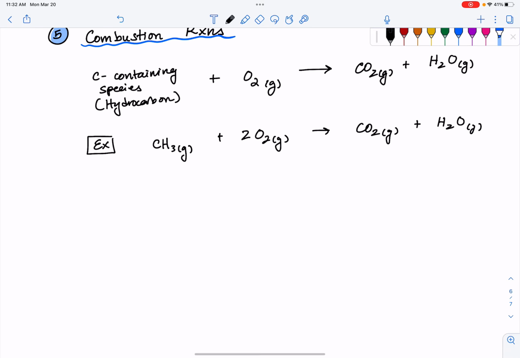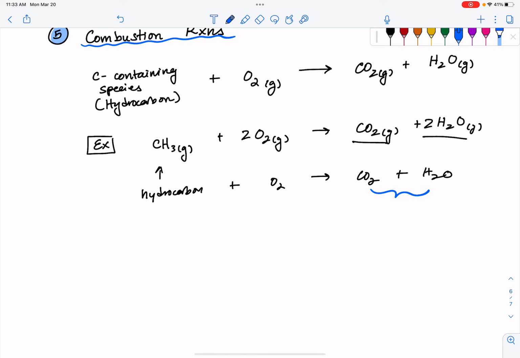So because we had a hydrocarbon plus oxygen forming always CO2 and H2O, that is how we know that this is a combustion, where these are our combustion products.